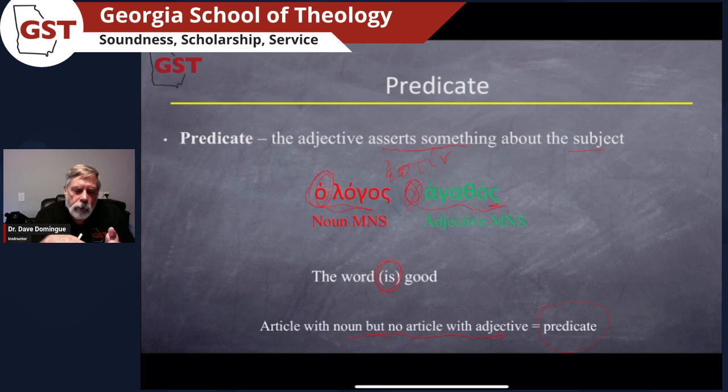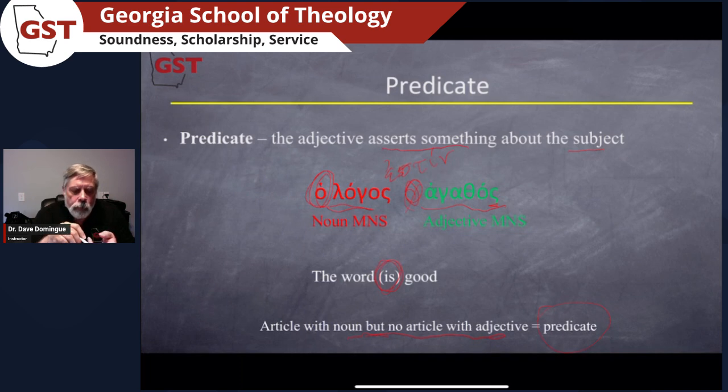The adjective can function predicately. That is, it describes something about the subject, and would be with a stative verb, the to be verb. And so she is, or he is, or God is true, those kinds of things. So it functions that way. How do you recognize that? Well, if the adjective has the article, it's going to function attributively.